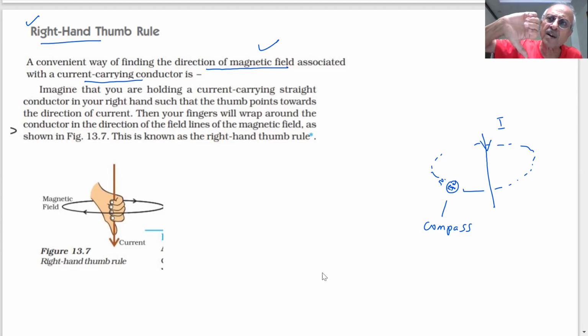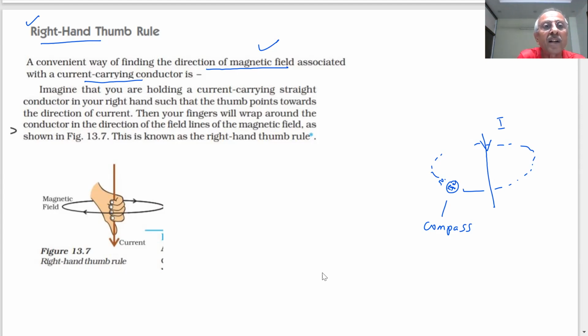You can do this experiment with your right hand. If this is the direction of the current, then these fingers are curling in the clockwise direction. That is the direction of the magnetic field. If current is passing in this direction, the fingers are curling in the anti-clockwise direction. That is the direction of the magnetic field lines, as we have shown. What is the name of this rule?